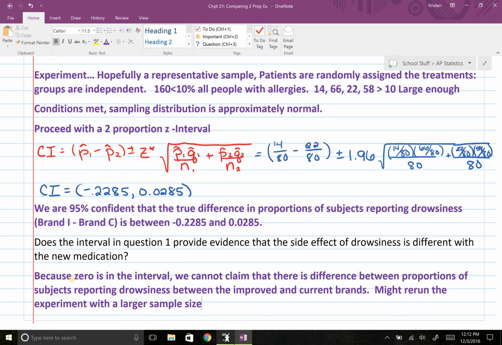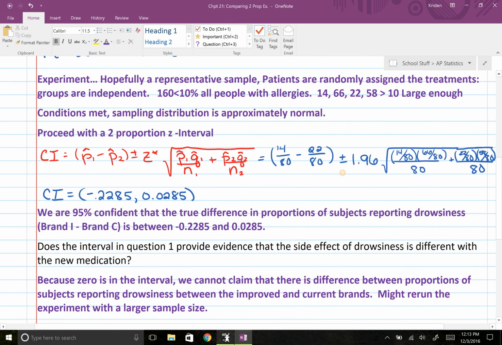And the reason why a larger sample size would be good here is because we have a very heavy proportion less than, but we have a small proportion greater than. So a larger sample size might actually improve our confidence interval, making that smaller to come to a better conclusion.